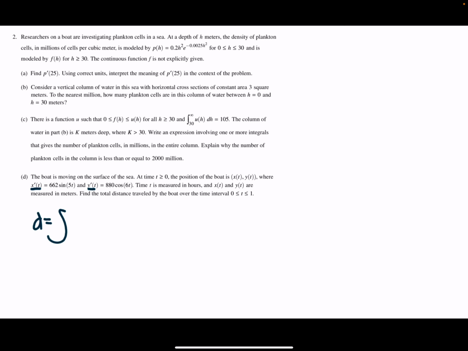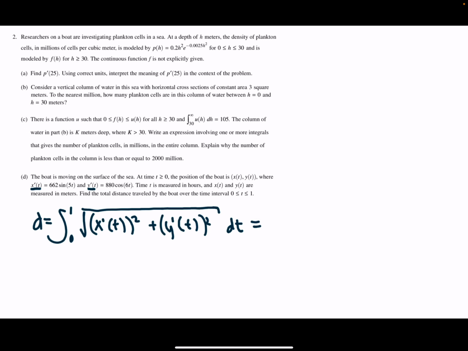It's the integral from 0 to 1 of the square root of x prime of t squared plus y prime of t squared. You just needed to know this formula. Once you have that, you enter it into your calculator and you are done.